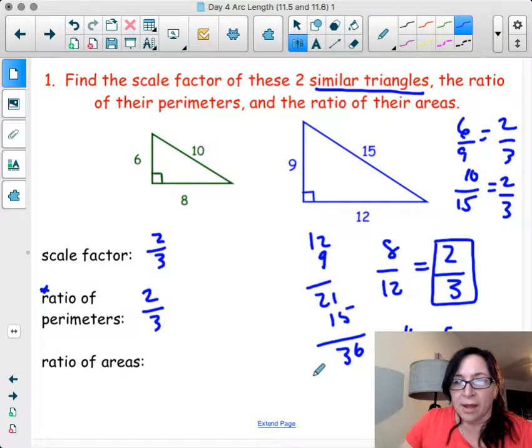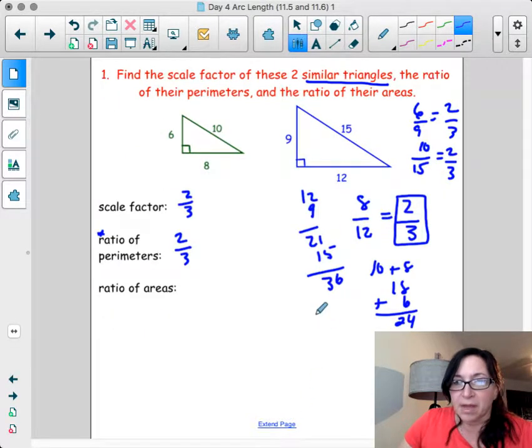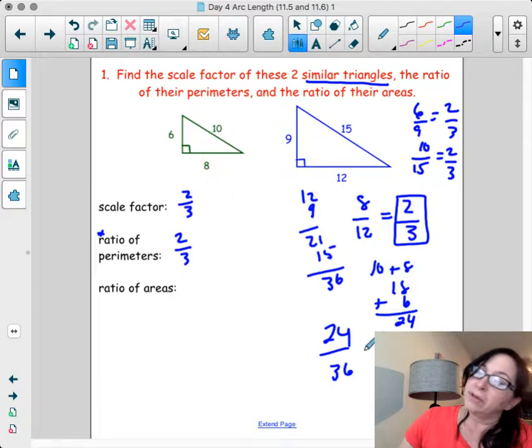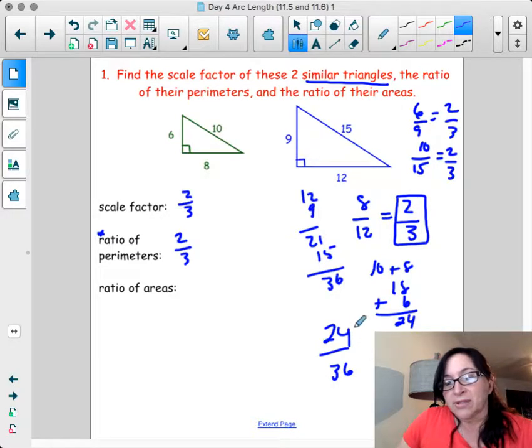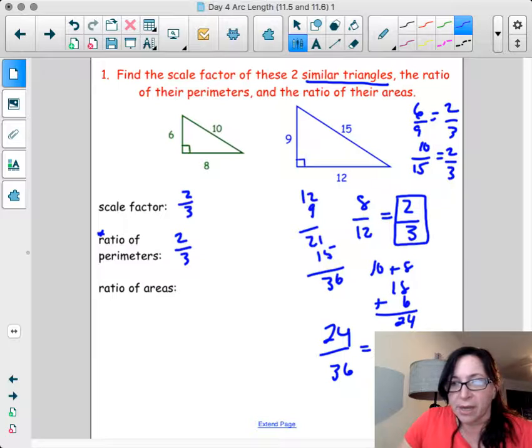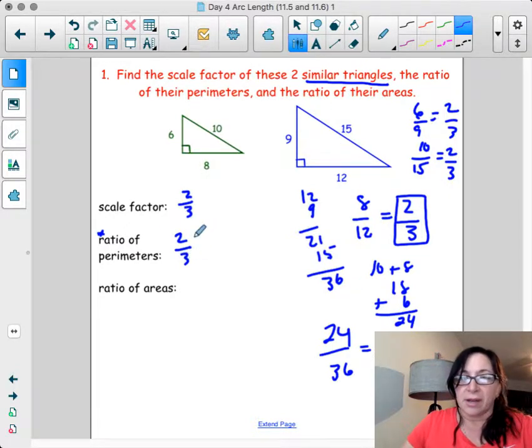So I'm just adding the perimeter, adding them all up. So if I go 24 to 36, let's divide by 12. If I divide by 12, I'm going to get 2/3. So again, this was my ratio of perimeters. By just adding up all the sides, I'm going to get the same thing. It's sort of like a shortcut.